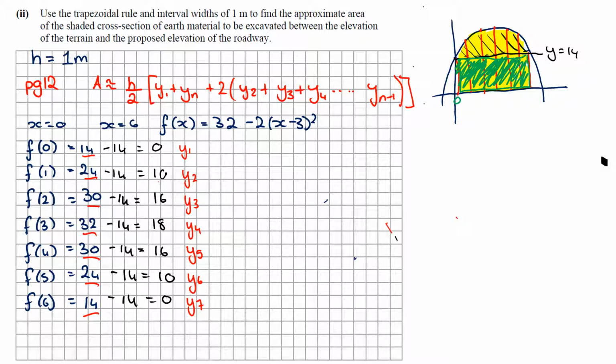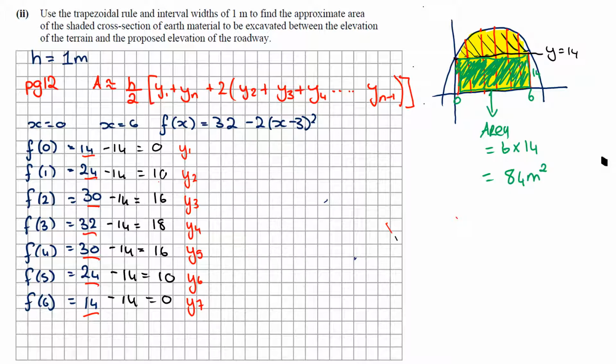So remember, this starts at 0 and goes to 6, and the height is 14. So effectively, this area is equal to 6 by 14. And when you work out 6 by 14, we get 84. Okay, and that's meters squared.